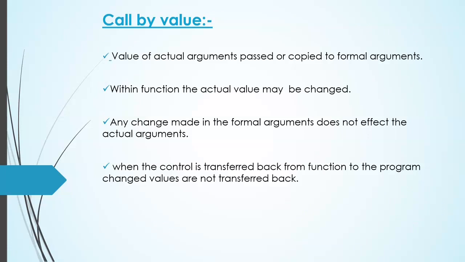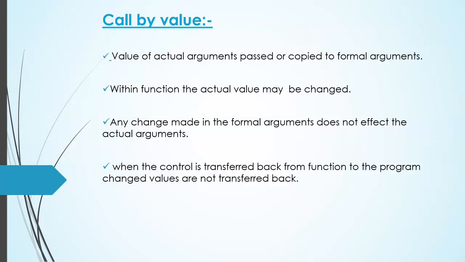Any changes made in the formal arguments do not affect the actual arguments. When the control is transferred back from the function to the program, changed values are not transferred back. Call by value is the default in the C++ programming language.